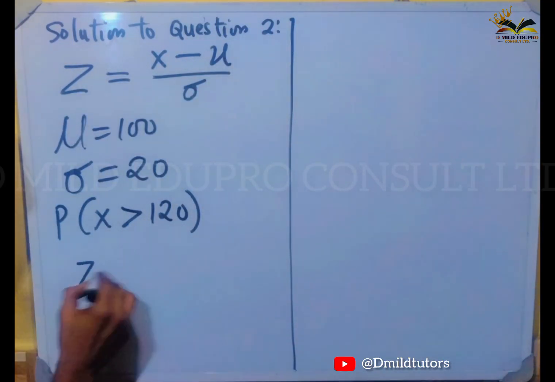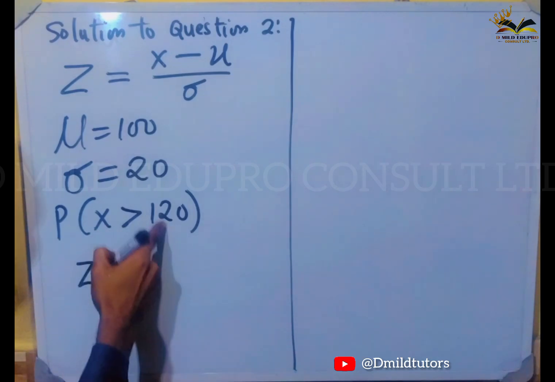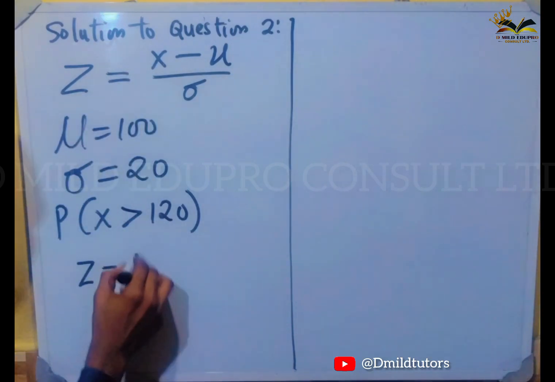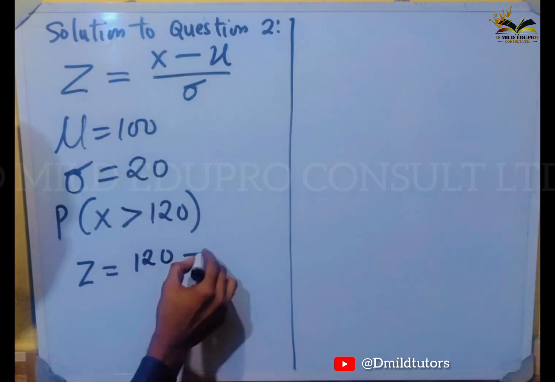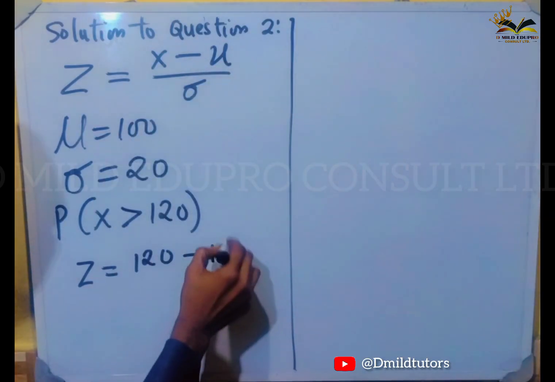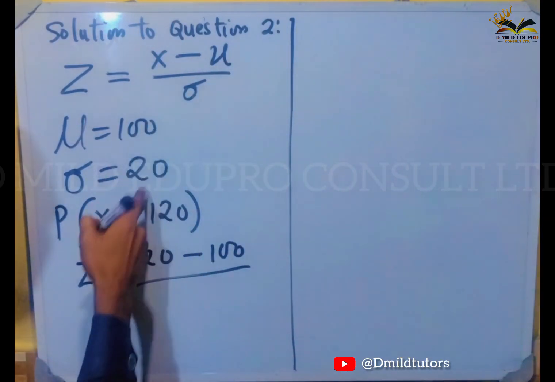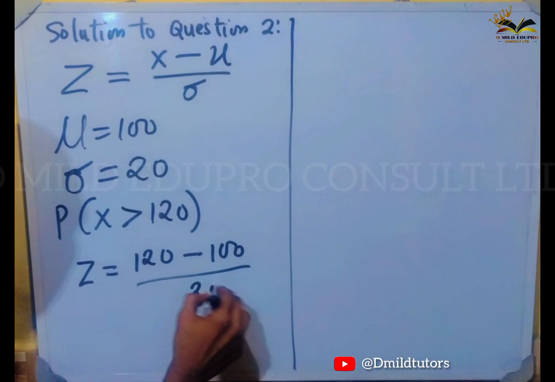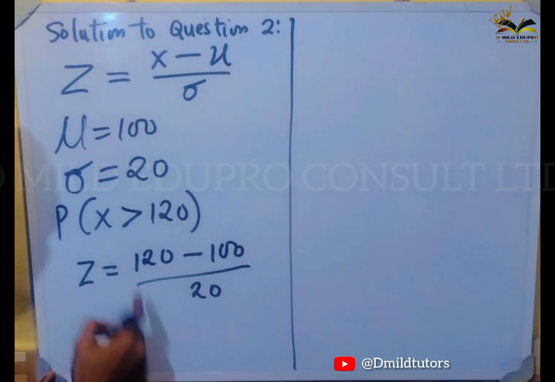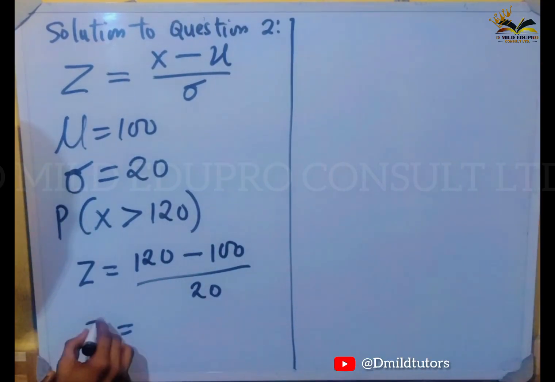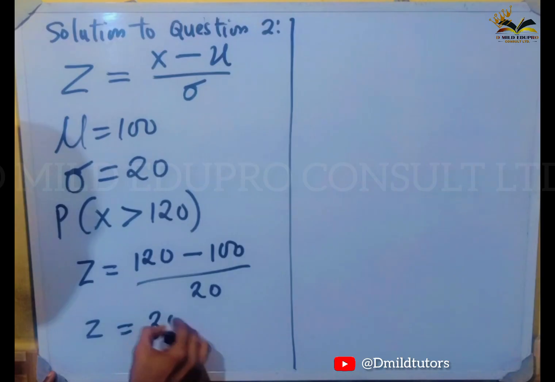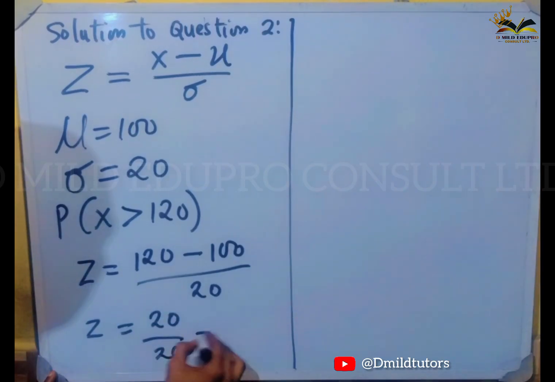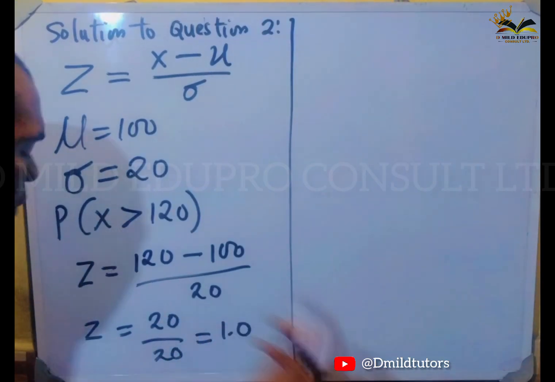So z will now be equal to 120 minus our mu, which is 100, divided by our standard deviation, which is 20. If you simplify this, 120 minus 100 is 20, so the z-score will be 20 over 20, which is equal to 1.0.